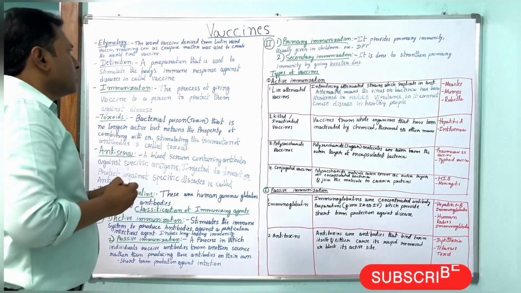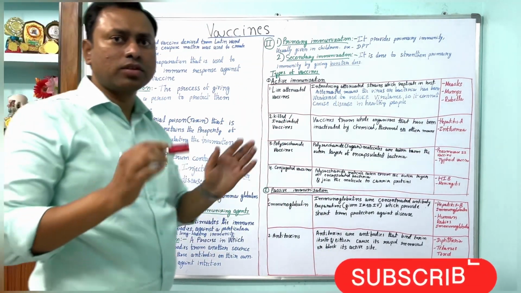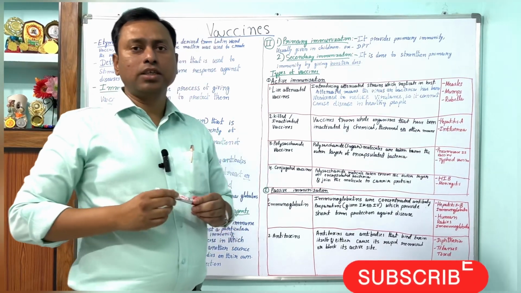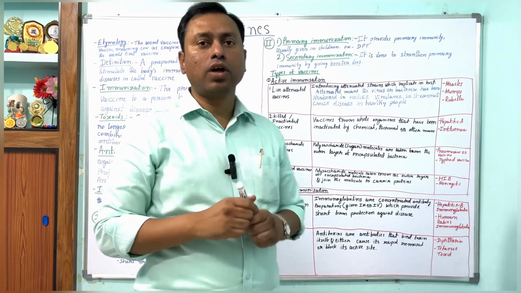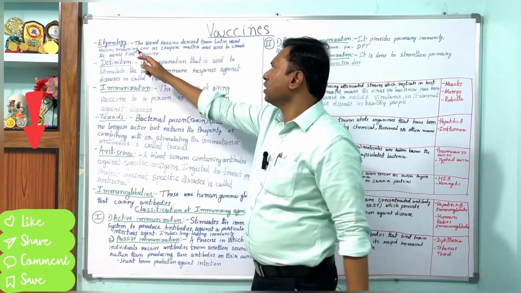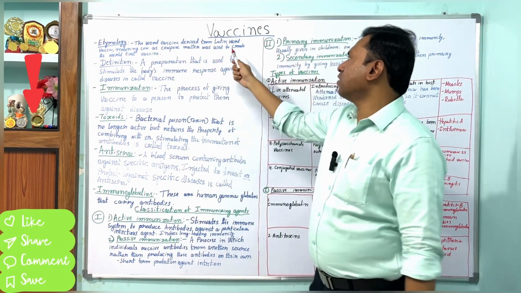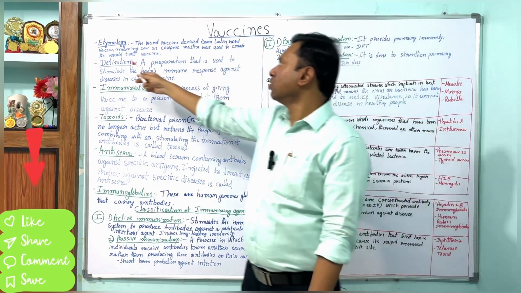Okay, now we will study the first term, vaccine, how it is derived, the etymology of the vaccine. The word vaccine is derived from the Latin word vacca.